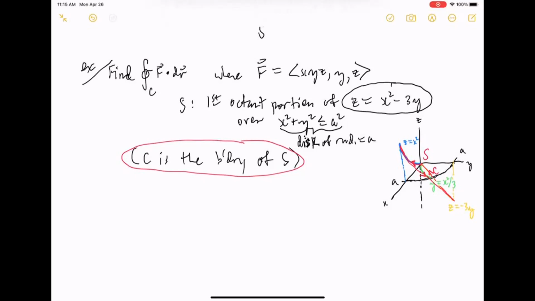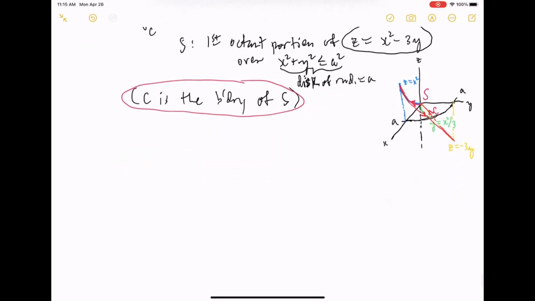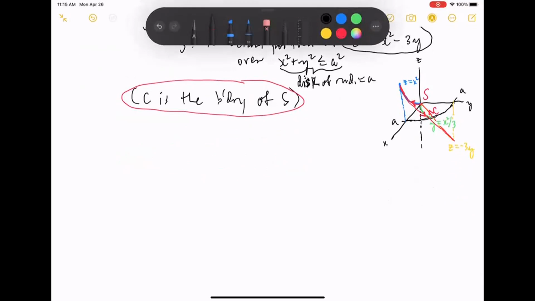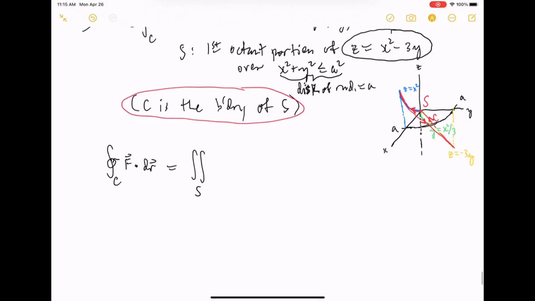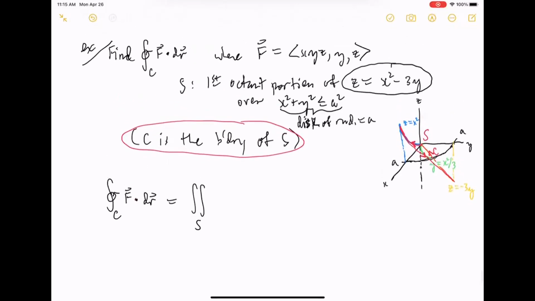So if I want to compute this thing once and for all, now that we've thought this through, the integral over that curve C, F dotted with dr, is going to be the surface integral over S, curl F dotted with dS.